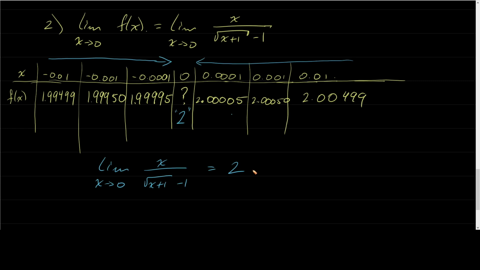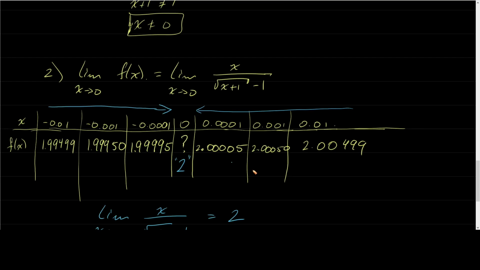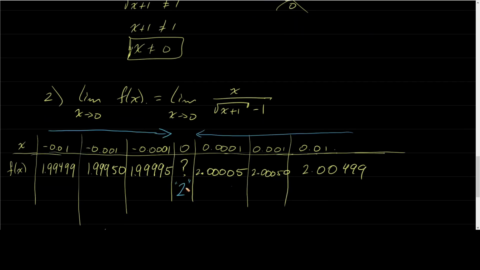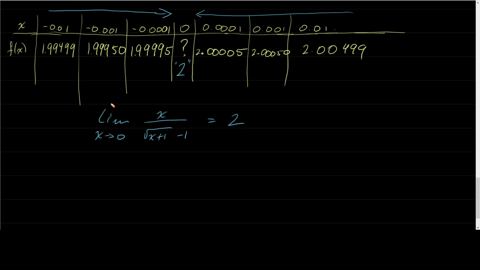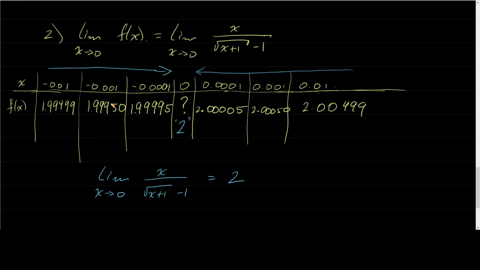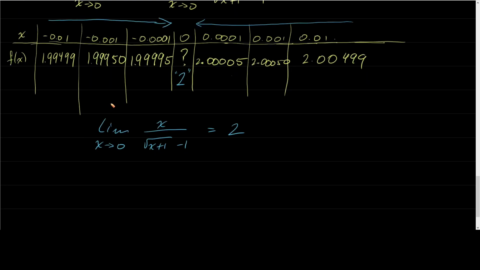Because again, it's not about what the actual value of the function is at that point, it's about what it is approaching. All right, because again, notice over here, f of 0 was undefined, but the limit was 2 because the function was approaching 2. All right, so there we go. So that's one example for finding limits numerically.